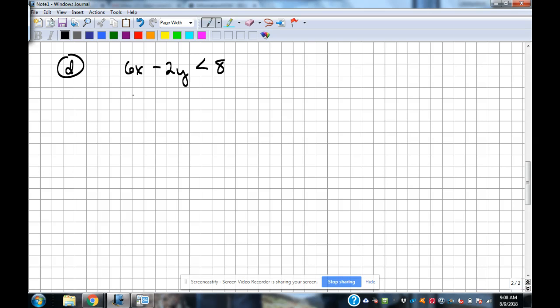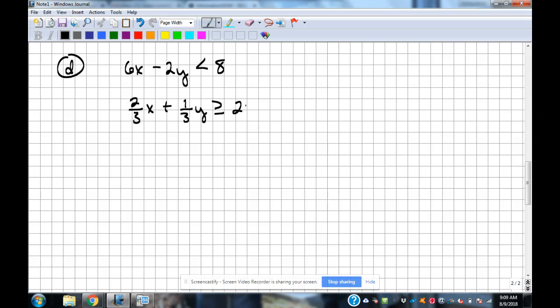And the other inequality in the system will be 2/3 x plus 1/3 y is greater than or equal to 2.